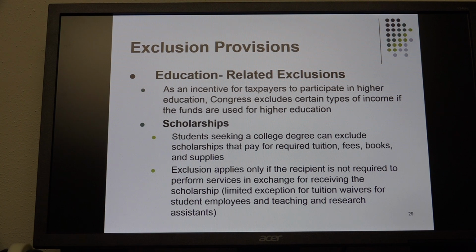You're receiving compensation for the work you do. And so if you are required to perform services in exchange for the scholarship, the value of that scholarship is included as income in your gross income.